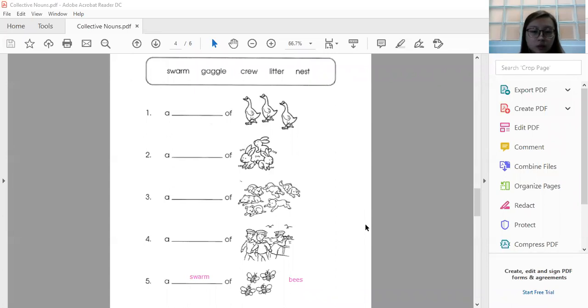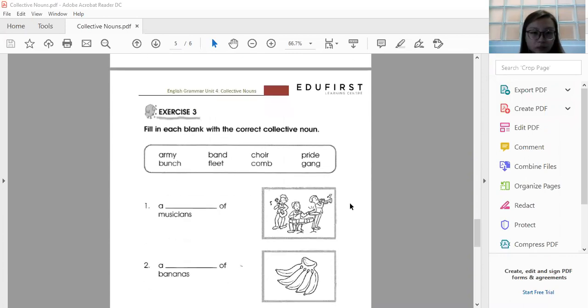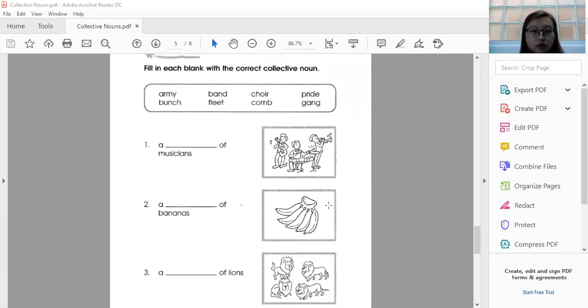Okay, if we're done with this page, we can go on to the next one. So look at all the words here, right? Over here we have army, band, choir, pride, bunch, fleet, comb, and a gang. So let's look at the first one.